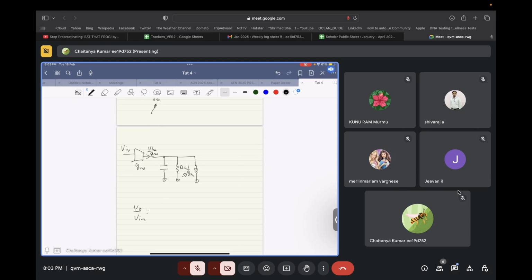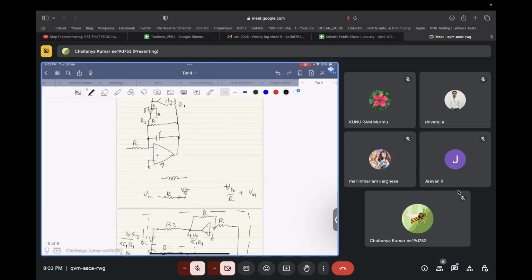All this V in by GM will flow into this RLC network. So my V naught will be V in by GM times its impedance. And what is its impedance? We wrote it over here, right?